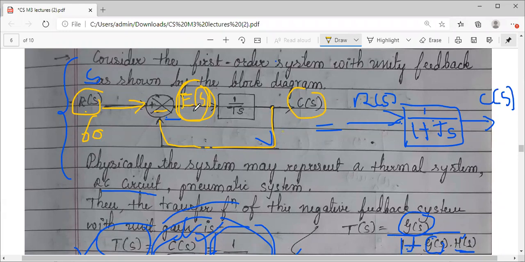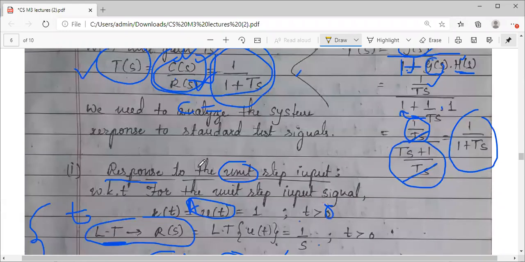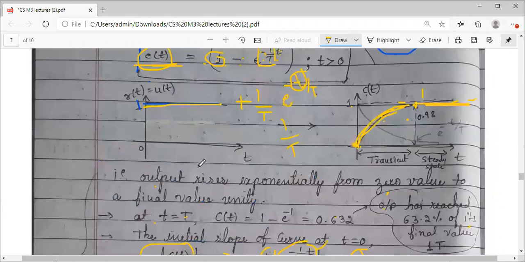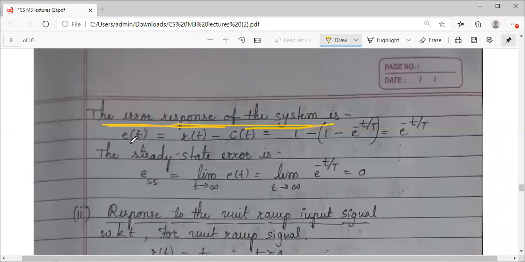But if you are taking it in time domain, error signal E of t will be equal to R minus C. Okay, error response E is equal to R minus C. So input applied, you know what it is? Unit step. That is 1 minus C of t, output.